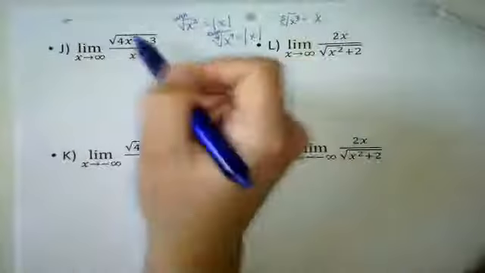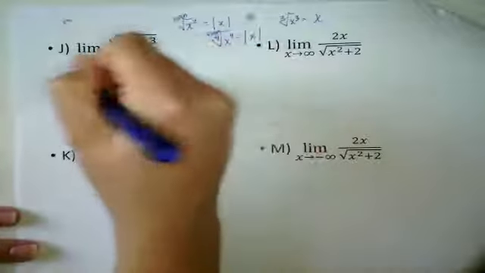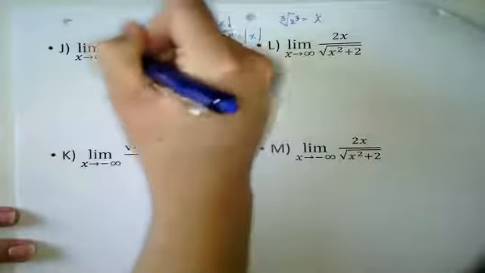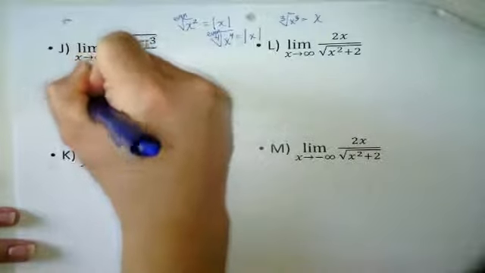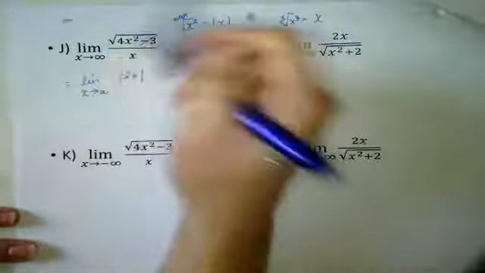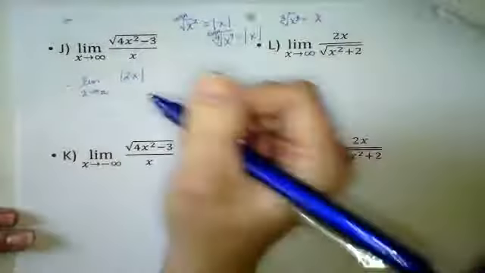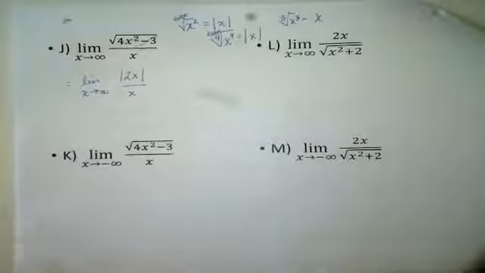I'm going to do that here too, again thinking about who's going to win if we have large values of x. So this 3 is insignificant, and I'm left with the square root of 4x squared. I can clean that up a little bit. That's going to be the absolute value of 2x. So the square root of 4 is 2, and the square root of x squared is the absolute value of x. And the denominator, we just have x.